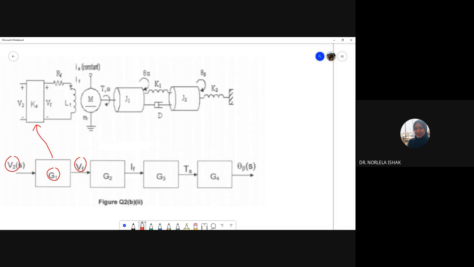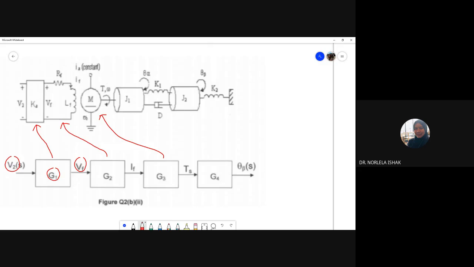G2 belongs to which subsystem? Field circuit. Yes, good. And how about G3? G3 is from which system? Motor. Yes, very good.